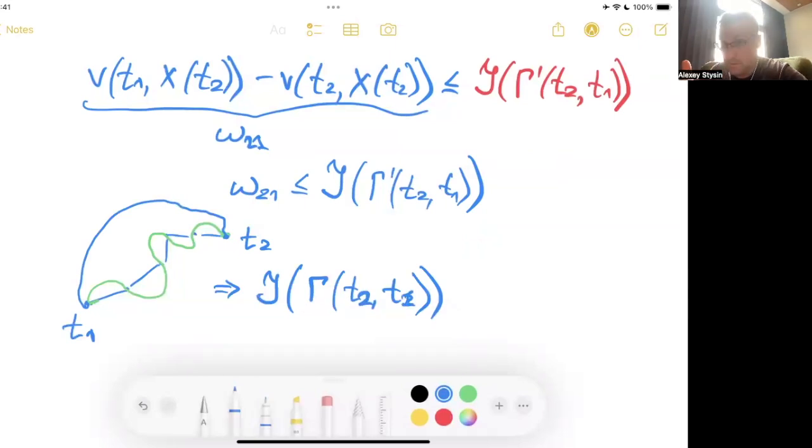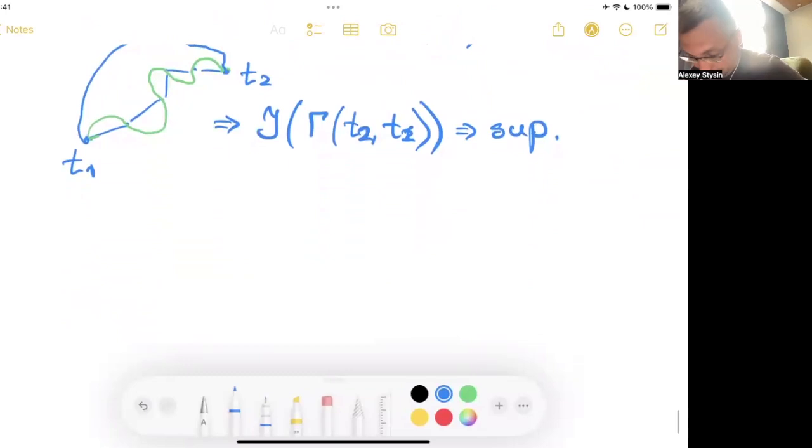This integral does not depend on the details of the path, and at the same time it's better, or at least not worse than any sequence of jumps. So this is actually the supremum, and this allows us to use it to define the payment.